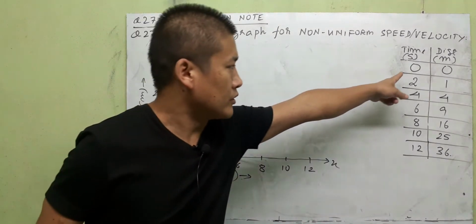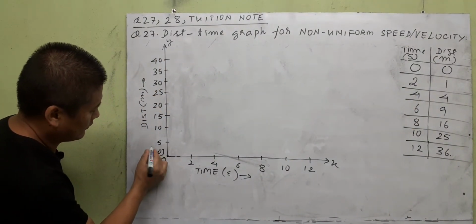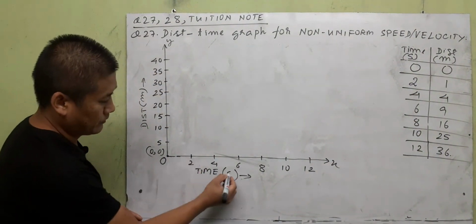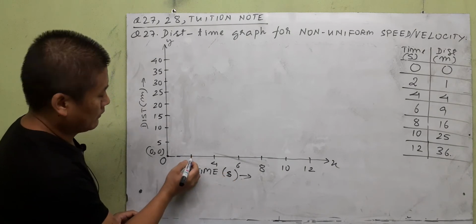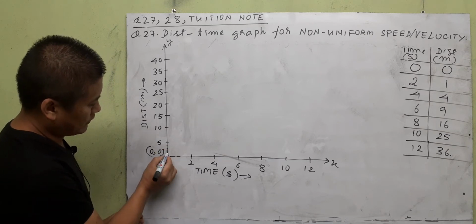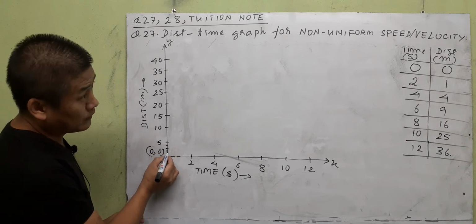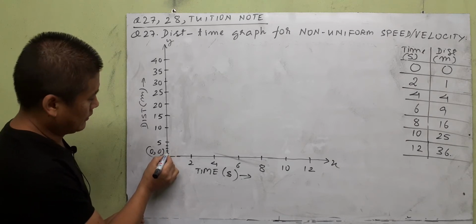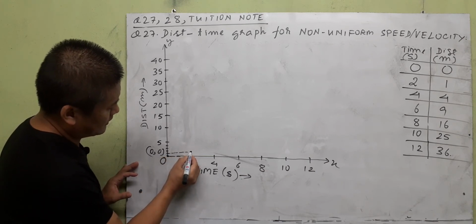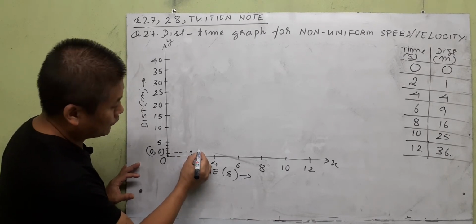So let us plot the coordinates. The first point is 0 and 0. Then after 2 seconds, it has moved 1 meter. So 2 seconds here, and 1 meter is here.